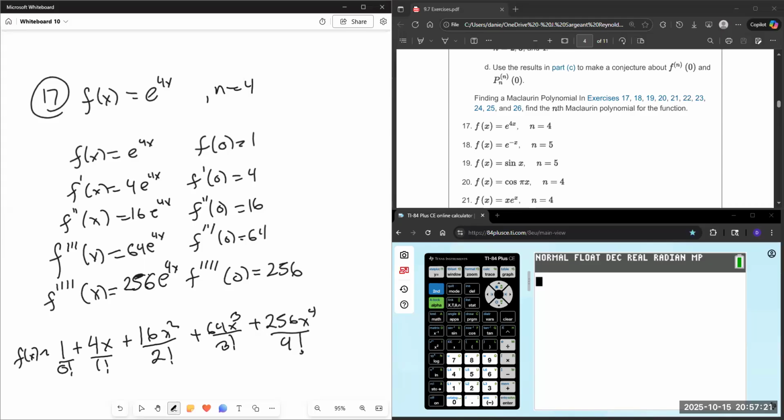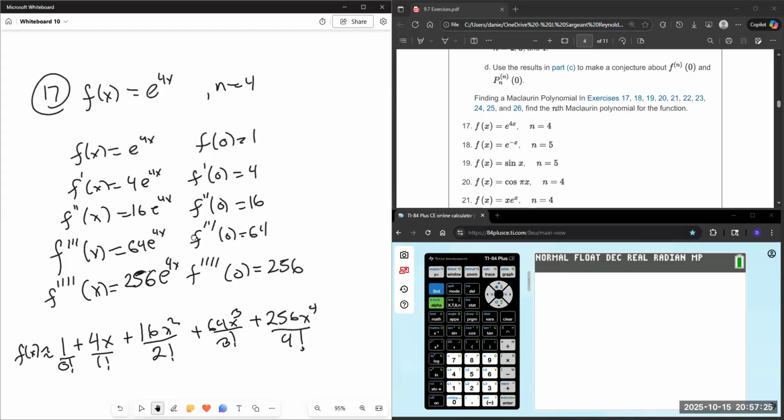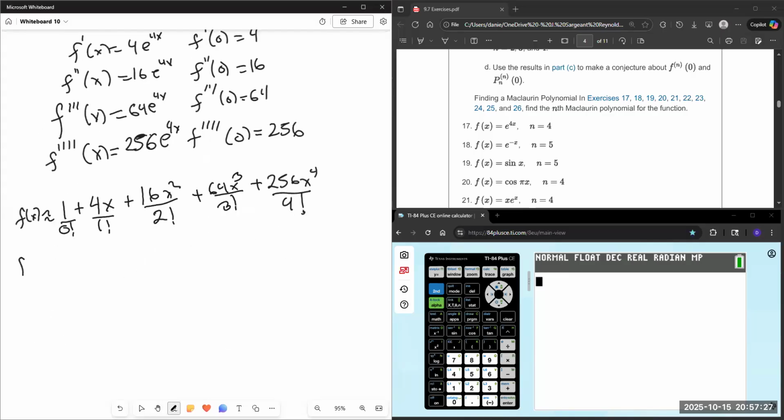F of x is approximately this. So 1 over 0 factorial is 1, so 1 over 1 is 1.